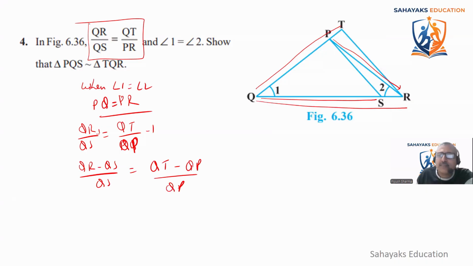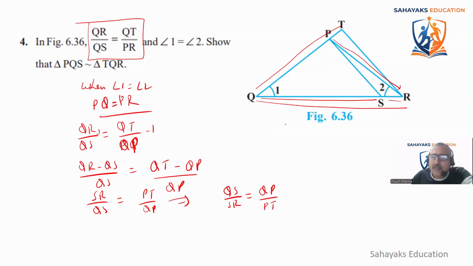So what is QR minus QS? QR minus QS becomes SR, SR by QS. And what is QT minus QP? QT minus QP is PT, PT divided by QP. Now, this implies, I'll just reverse it. We'll take a reciprocal. That means QS divided by SR is equal to QP divided by PT.